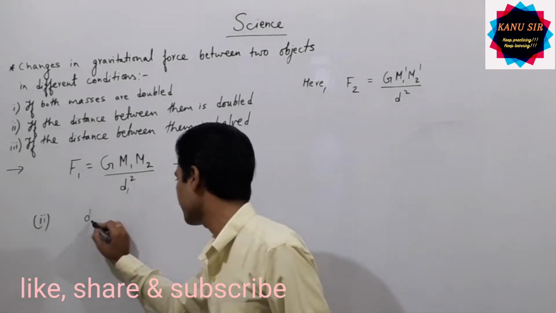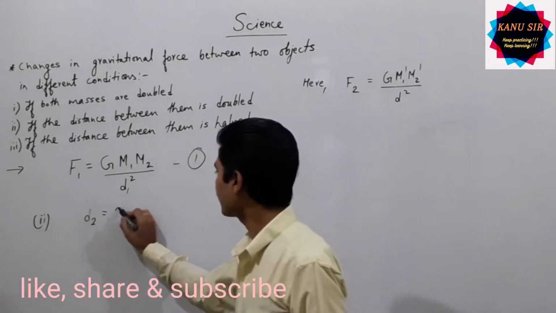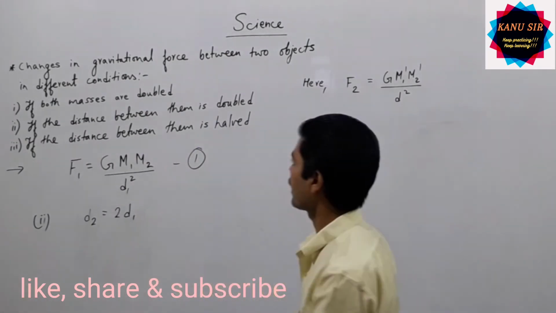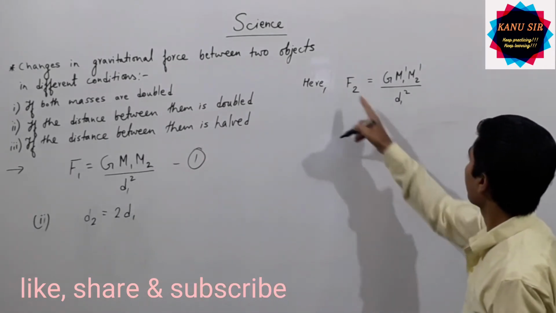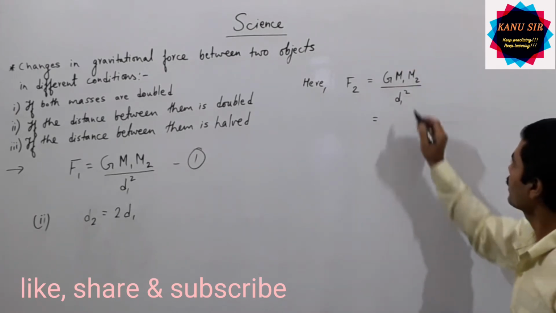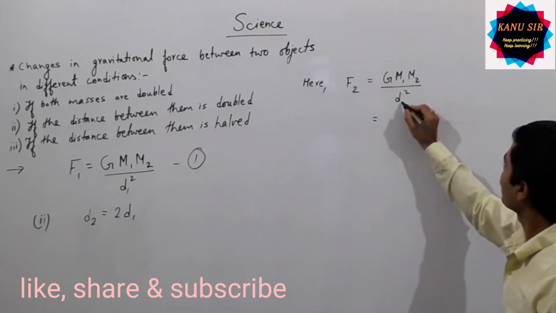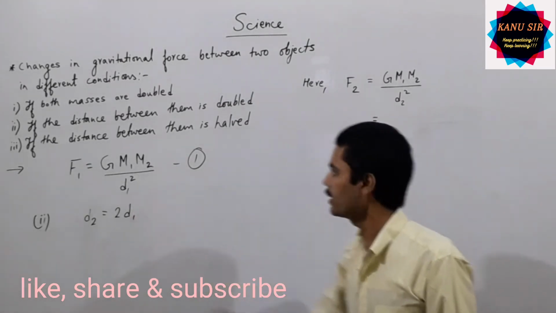Now the next distance, let us consider as d2, and that is double the previous distance d1. Then we can write the formula here. F2 equals G m1 m2 upon d2 square, because in the first condition it was d1.